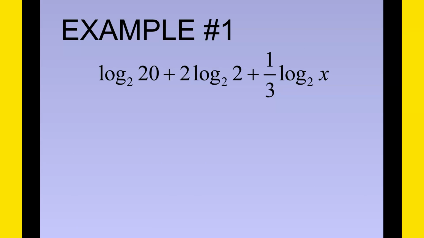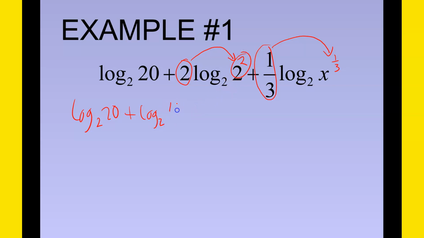So if there are any numbers in front, like that one and that one, we're going to move them to the exponent spot. So that's going to become a 2 squared. And that's going to become an x to the 1/3. All right, so let's rewrite that. It's going to be log base 2 of 20 plus log base 2 of, but we're not going to write 2 squared because we can just write that as 4, plus log base 2.